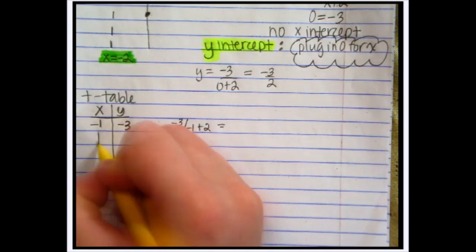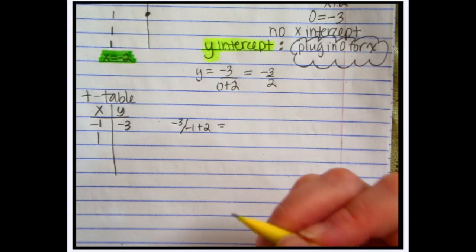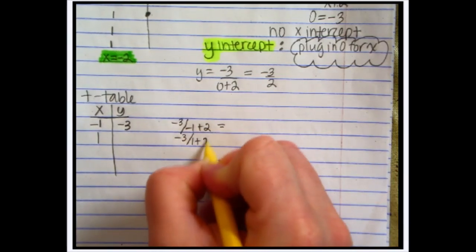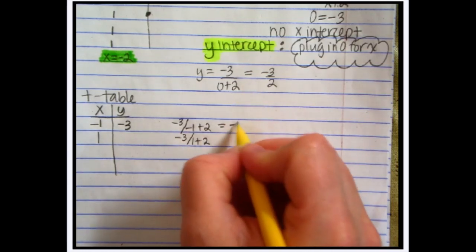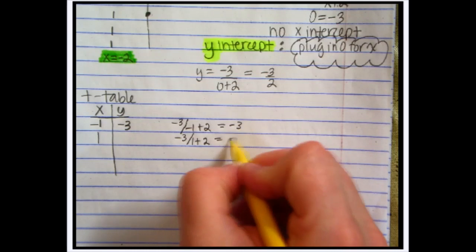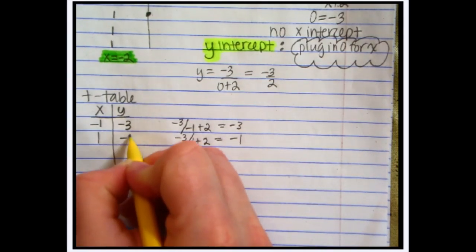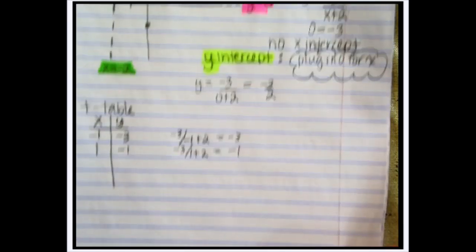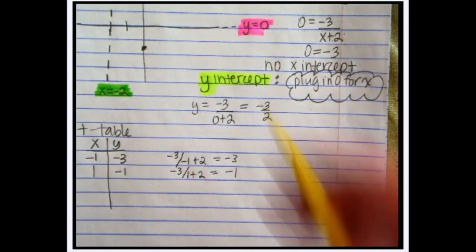Let's do another piece. Let's do +1. So if we plug in 1, we have -3 over 1 plus 2. And so -3 over 3 is -1. So let's go ahead and graph those 2 points. Should get us a better picture right there.